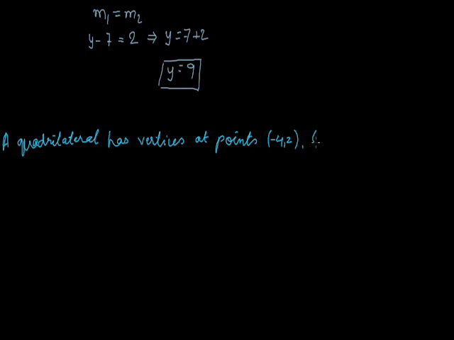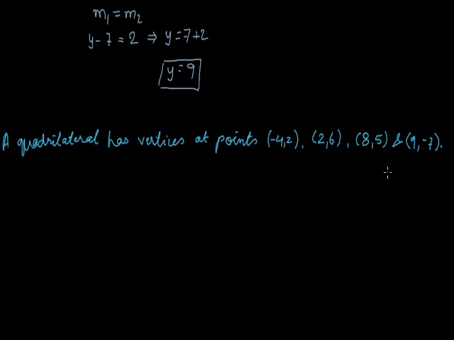Second point is 2, comma 6. Third point is 8, comma 5, and fourth one is 9, comma minus 7. A quadrilateral has vertices at these 4 points.